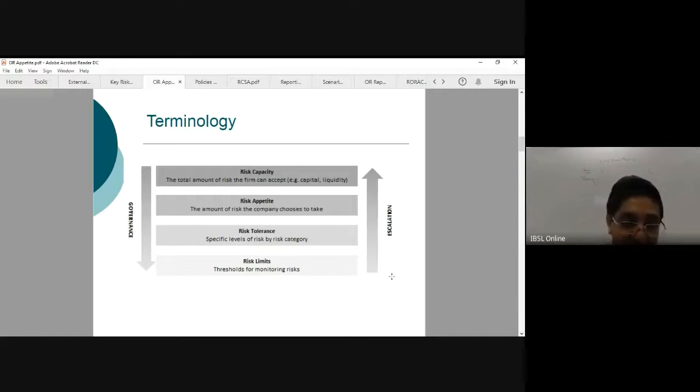These are a separate type of risk limit indication. Though the structure seems to be the same, it is not the same, because the risk appetite for operational risk is with a different intention. That is the issue.